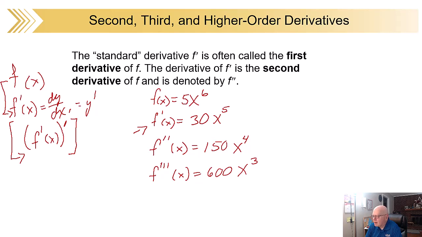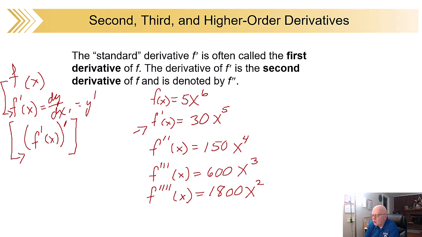Let's take it one step further. The 4th derivative. That's no big deal either. Bring that 3 out front. You've got 1800 x to the 2nd power. There you go. Now, notice those accent marks, they're getting a bit much.